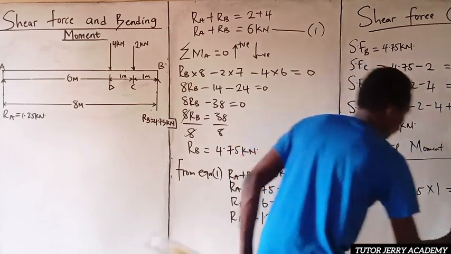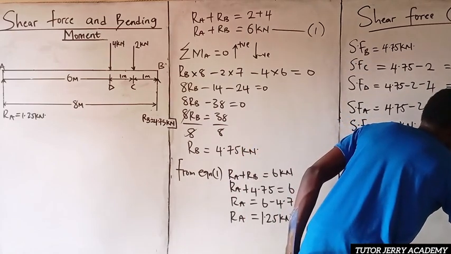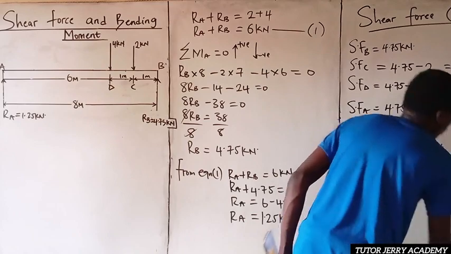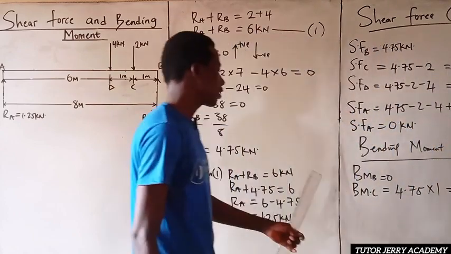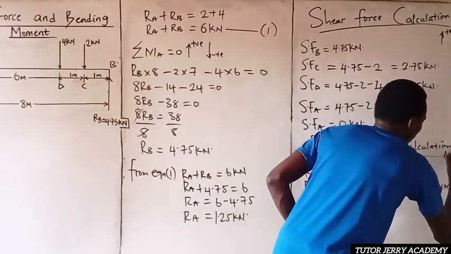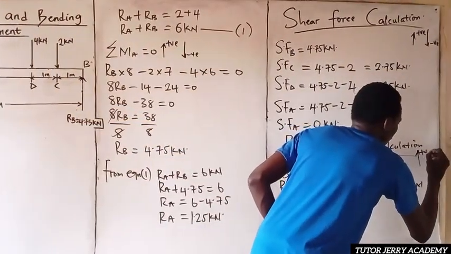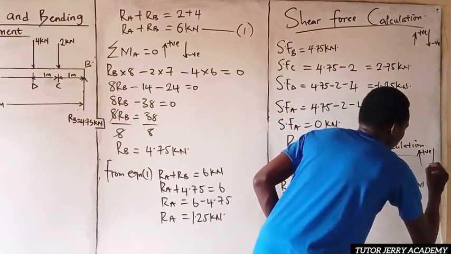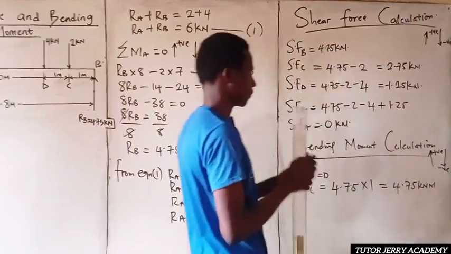Everything is equal to 4.75 kilonewton meter. Now for bending moment, we are still considering our upward force to be positive and our downward force to be negative.